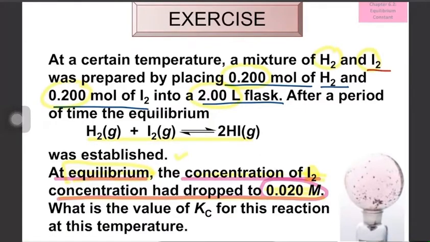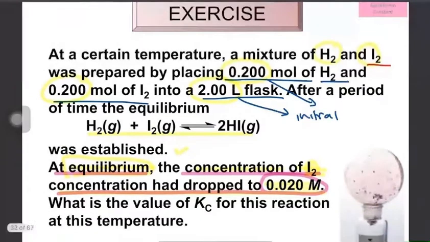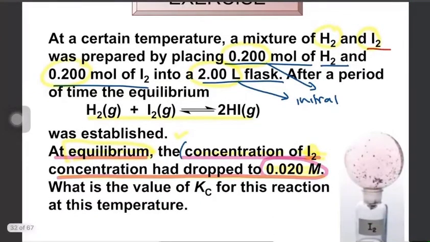From reading the question itself, you know these are initial quantities. Once equilibrium has been established, they realized that the concentration of I2 had dropped to 0.02 molar. The question is asking you to calculate the value of Kc for this temperature.